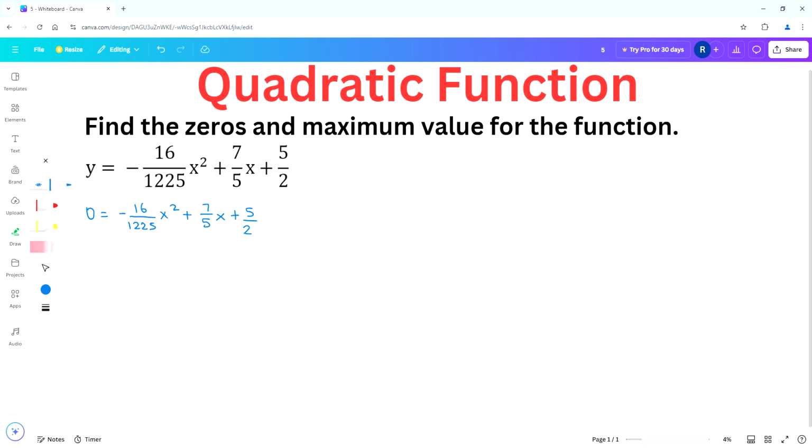The coefficients in this equation are fractions. It will be easier to use the quadratic formula if we can get rid of these fractions. The first step is to get rid of the 1225 in the denominator by multiplying each term in this equation by 1225.